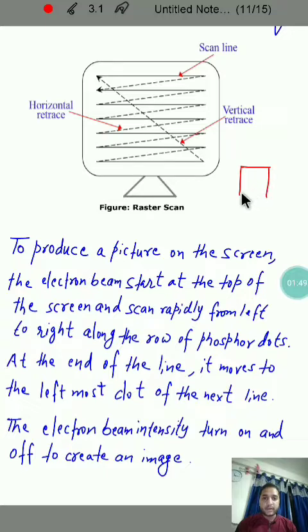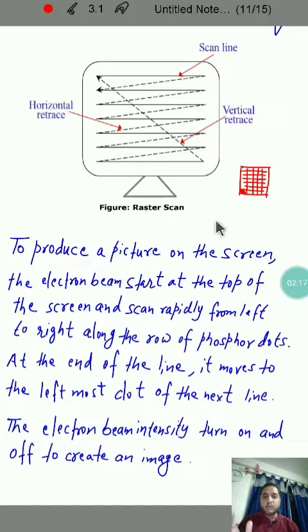I will start today's lecture by telling you how scanning takes place in raster scan.